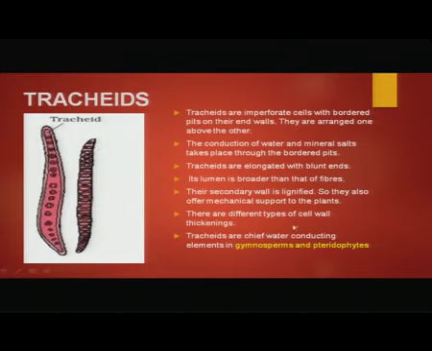They can be annular or scleriform, and tracheids are the chief water conducting elements in gymnosperms and pteridophytes. They are also present in the angiosperms, but in gymnosperms and pteridophytes they are the chief conducting elements. The vessels are not present there in gymnosperms and pteridophytes.